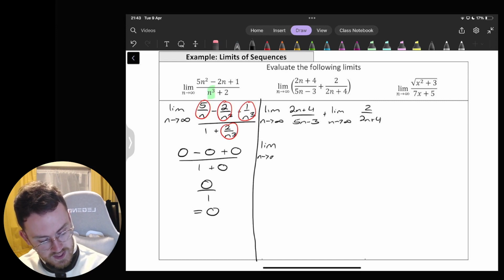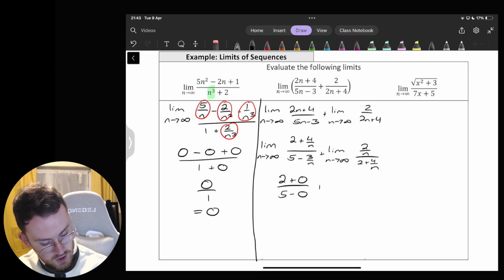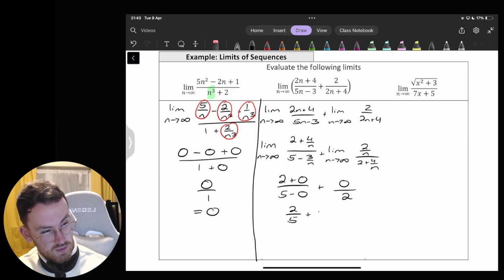Next, I'm going to use the same rule that we just used there, dividing by the highest power of n in the fraction, which in this first one is just n, and similarly in the second one is just n. And evaluating those limits is going to give me 2 plus 0 over 5 minus 0 plus 0 over 2. And that's just going to be 2 over 5 plus 0, which of course is just 2 over 5.